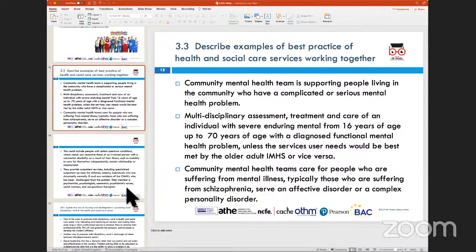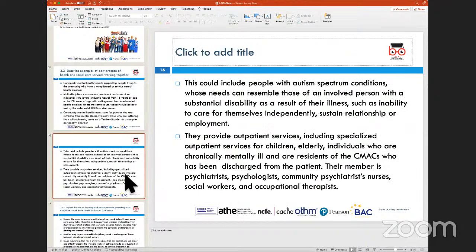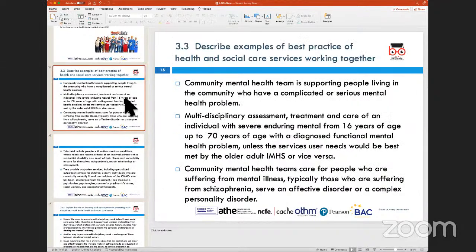So in short, if I have to pick out best examples of how health and social care services come together and provide various kinds of services to the individual, you would need to think of an example here. Take somebody who has had an accident.